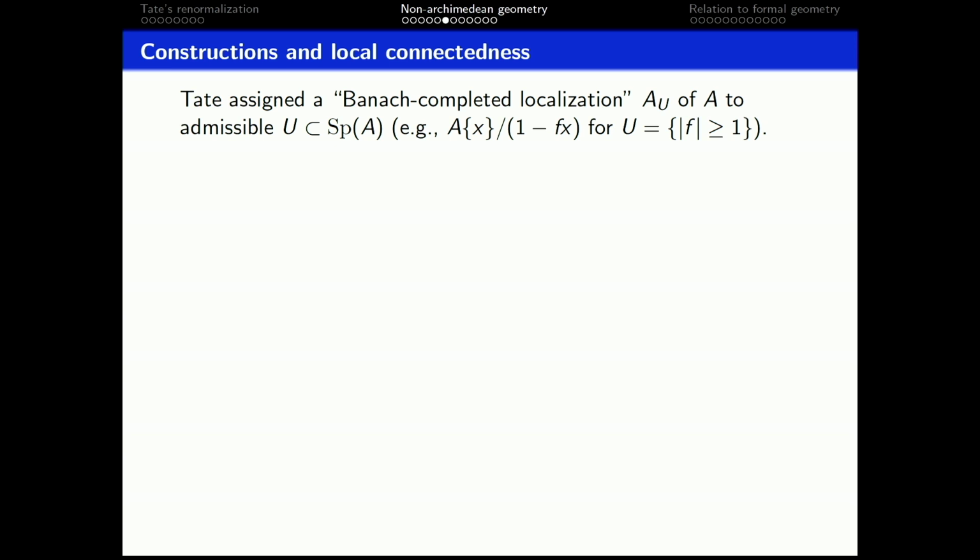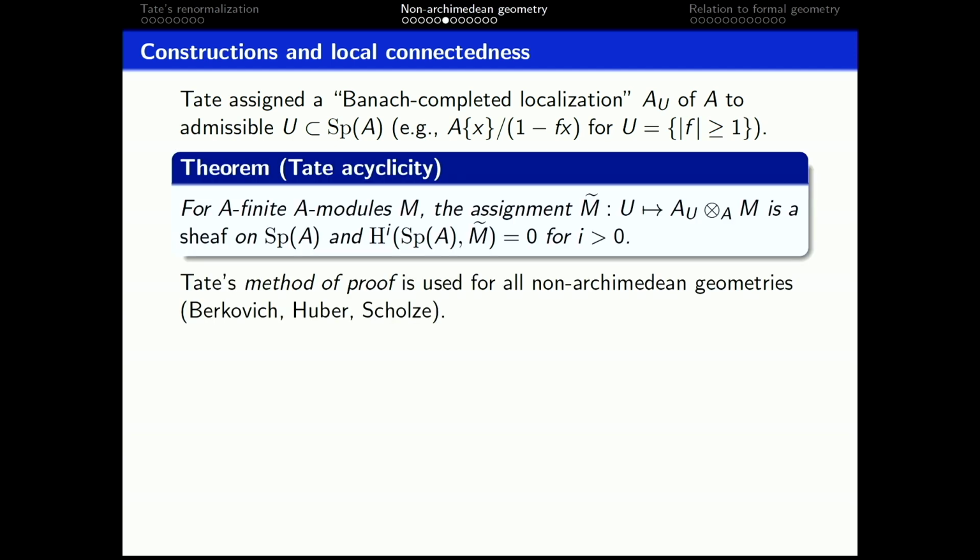In any event, the ring attached to each domain is some kind of Banach-completed localization of the original coordinate ring A. And subject to this kind of construction, he's able to show what's called Tate acyclicity, the fundamental theorem that gets the theory off the ground: given any module, if you assign to each of these domains the module tensor one of these Banach completions, then this is a sheaf for the funny Grothendieck topology, and the higher cohomology vanishes.